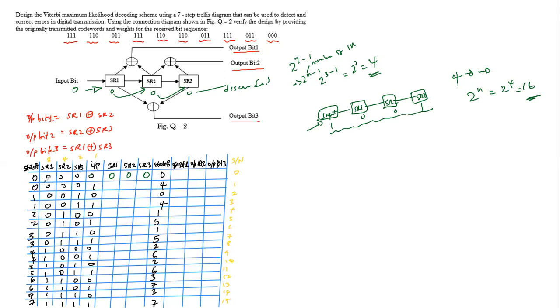Now that we are moving between steps, we are having 7 steps. So for the 16 possible code words, I have 1, 2, 3, 4, 5, 6, 7, 8, 9, 10, 11, 12, 13, 14, 15, 16 possible code words. Now I have to move 7 steps. So if I say 0, 1, 2, 3, 4, 5, 6, 7, then I'm done.